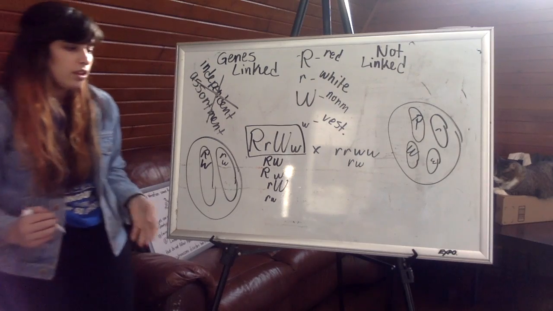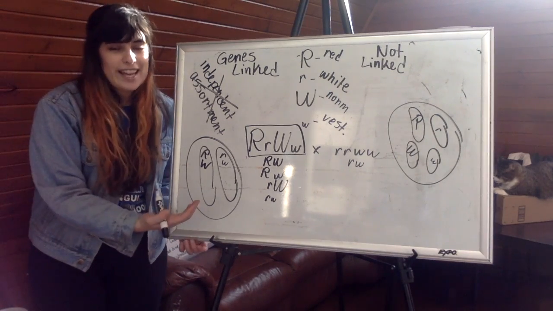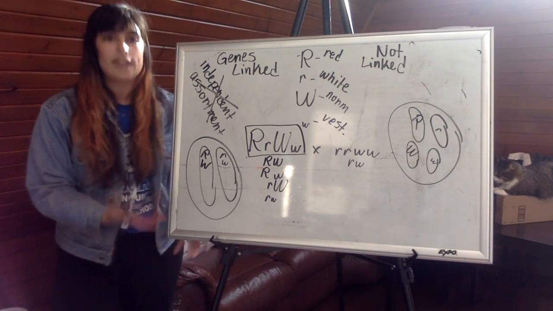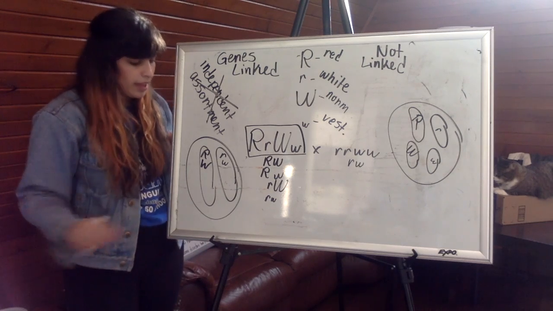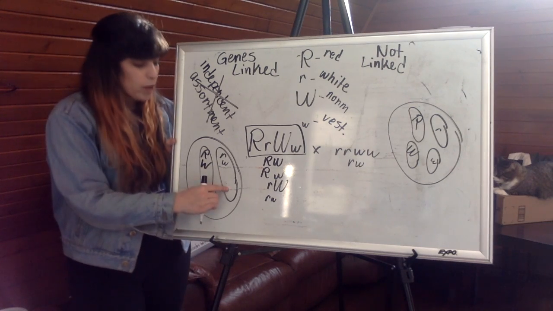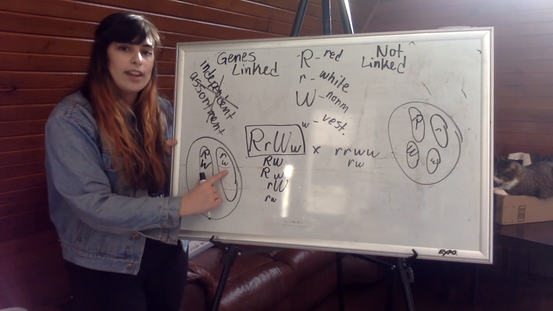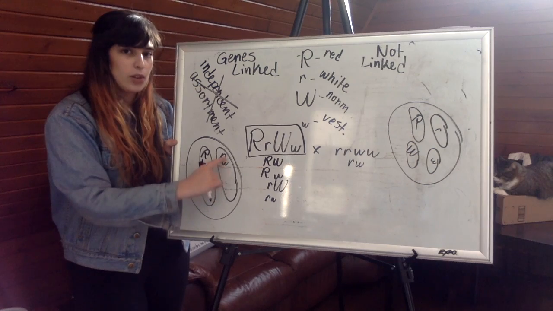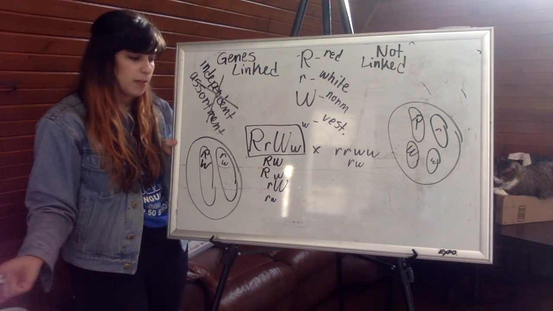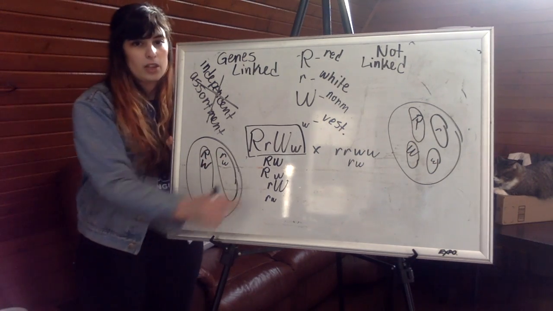Okay, so when this fruit fly goes through meiosis and makes 4 gametes and gives them away, if these genes are linked, we will most often get chromosomes identical to what it already had from its parents, because these are not going to be recombined in unique combinations. So let's highlight the gametes that are going to be really common.